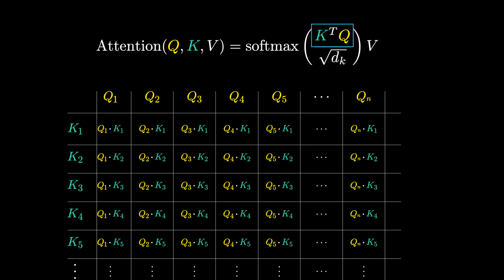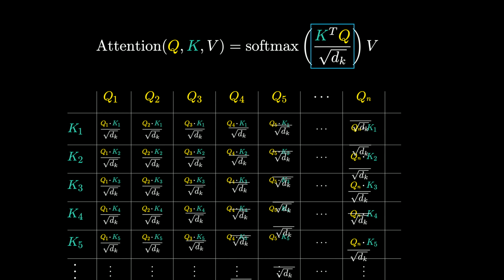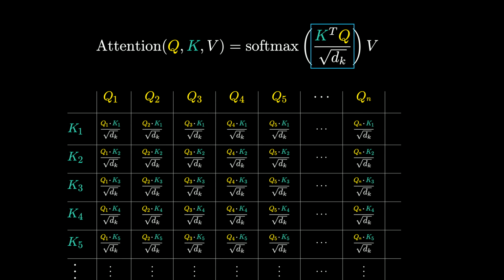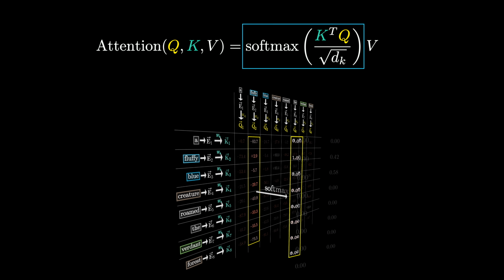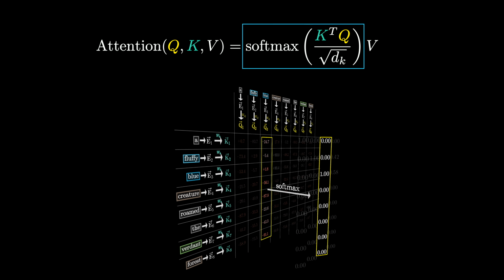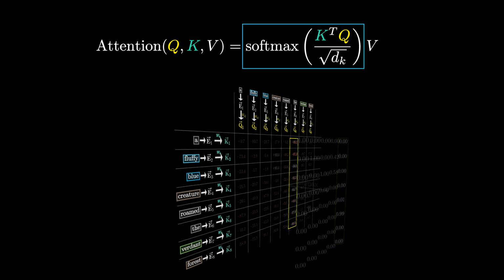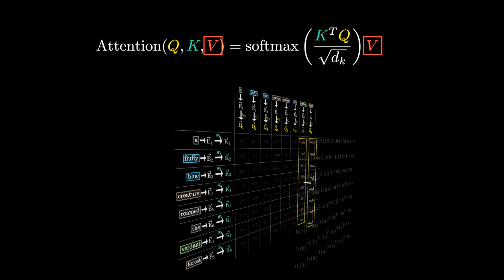A small technical detail that I didn't mention is that for numerical stability, it happens to be helpful to divide all of these values by the square root of the dimension in that key query space. Then this softmax that's wrapped around the full expression is meant to be understood to apply column by column. As to that v term, we'll talk about it in just a second.